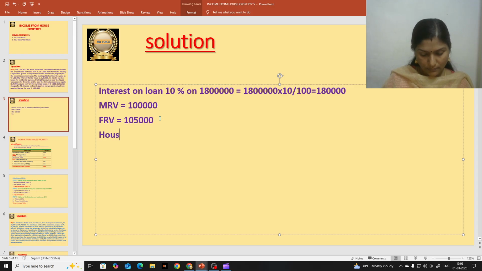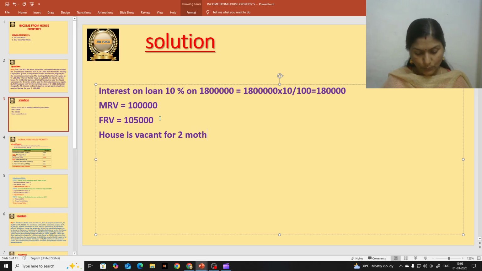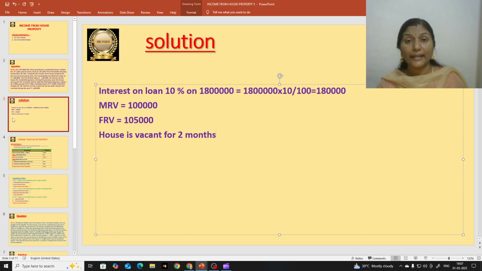House is vacant for how many months? For 2 months. You have to note this point, because at the time of GAV calculation we should take it into account. I will show you how to deal with this house vacancy period.